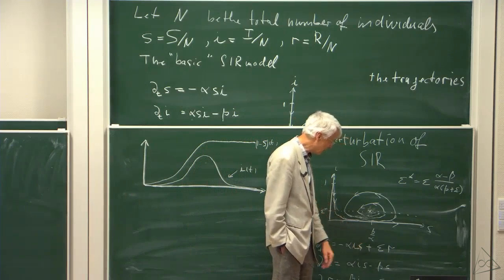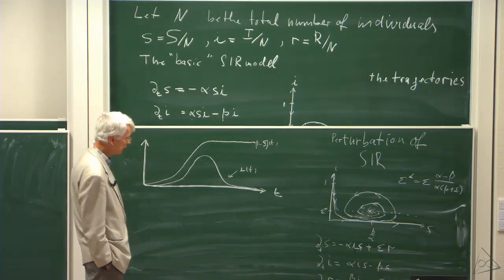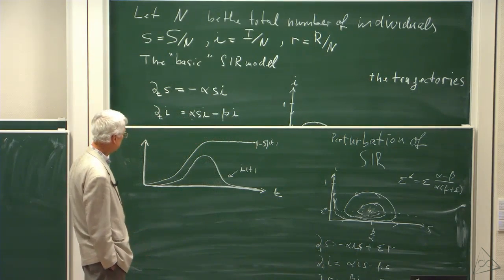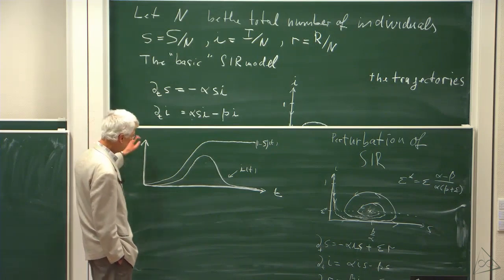So beta over alpha is, in that case, less than 1. And that means that for s equal to 1, we are always in this unstable situation.